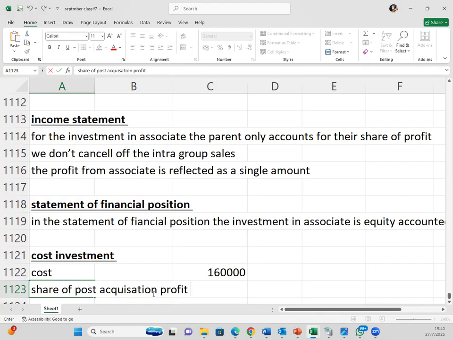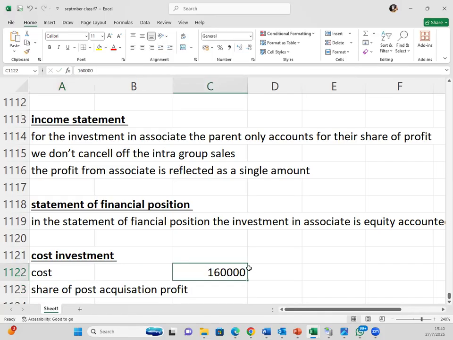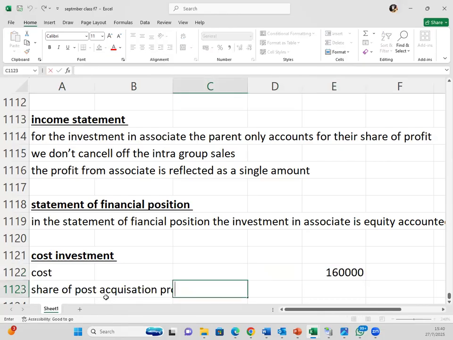For the associate, let's say we bought 25% shares. During the year after we had bought the shares, the associate made a profit of, let's say, 20,000.